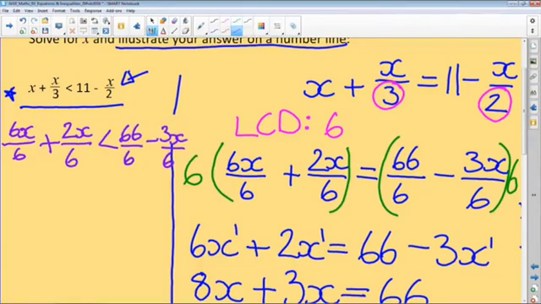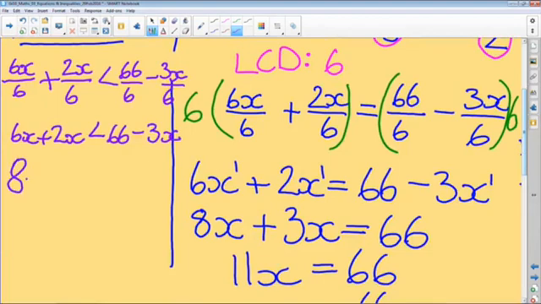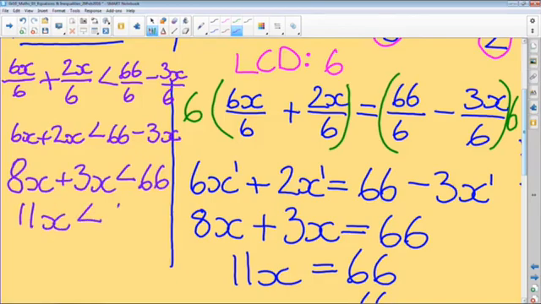I'm going to drop all of the denominators, and that means I've now got 6x plus 2x is less than 66 minus 3x. Now I'm going to gather all of my x's together, so that's 8x plus 3x is less than 66, which means I have 11x, which is less than 66.